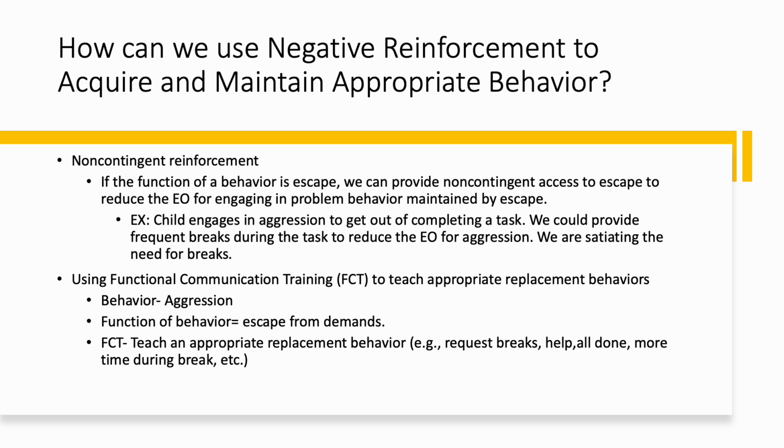Again, we have a maladaptive behavior that we're placing on extinction, and then we have our appropriate replacement communication responses that we're teaching that serve the same function. And then we would reinforce those with very high magnitude, very consistently. Usually we'll see a reduction in the maladaptive behavior, and then we'll see an increase in these replacement behaviors as long as they're being taught appropriately.